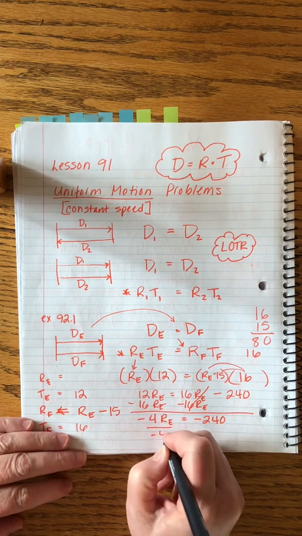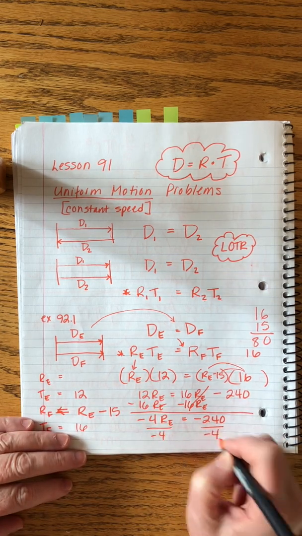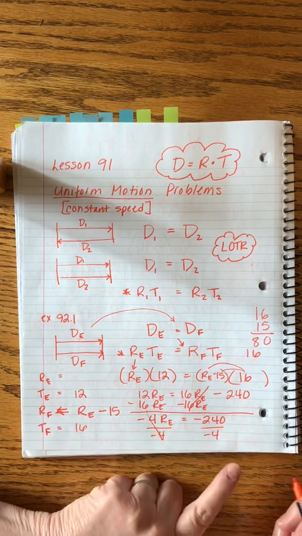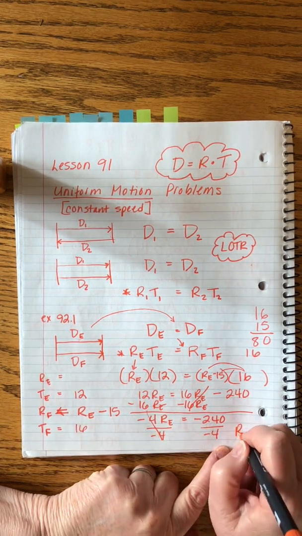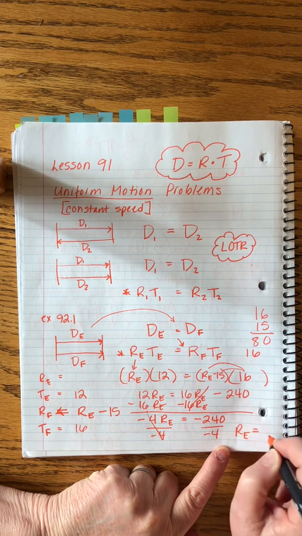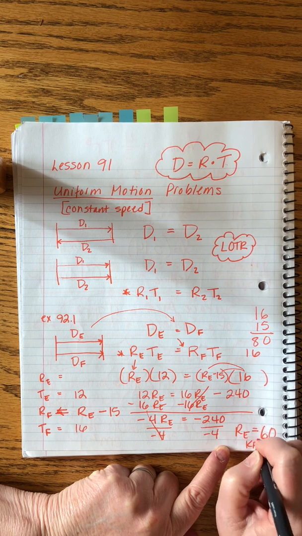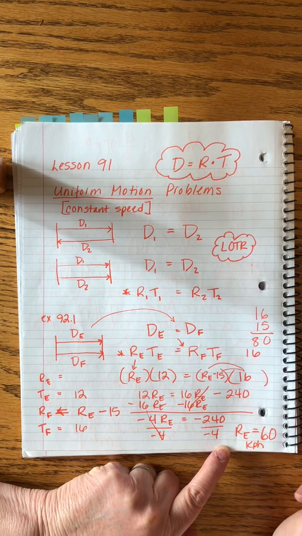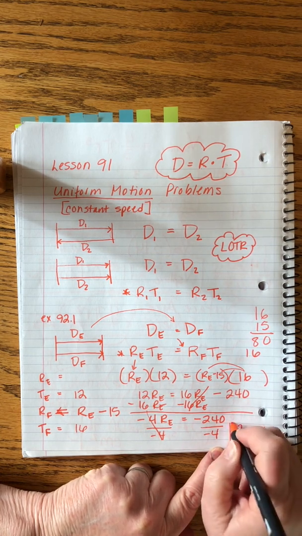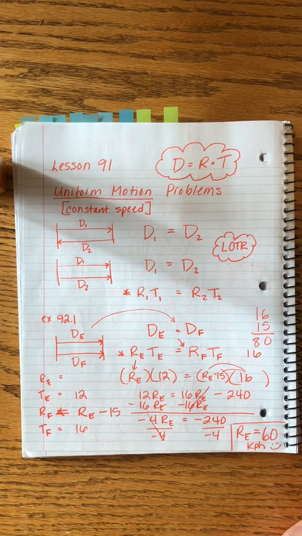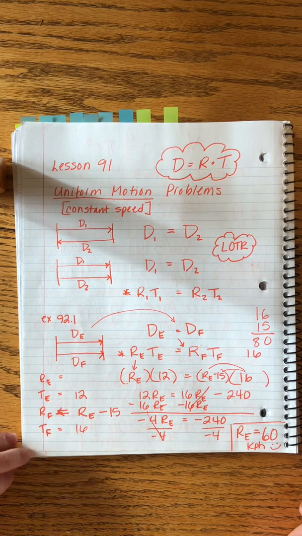Divide both sides by negative 4. Luckily, it's not an inequality, so we don't have to flip anything. This cancels, and we get that the rate of the express train was 60, and I think it's kph. Kilometers per hour, yes. Yay. We're not quite done because we also have to find the rate of the freight train.